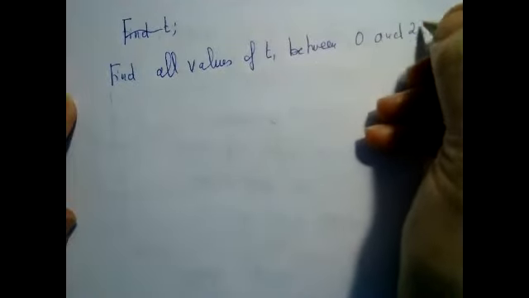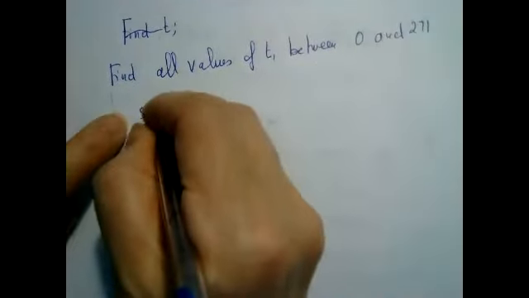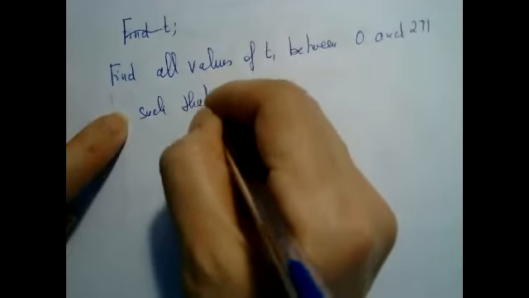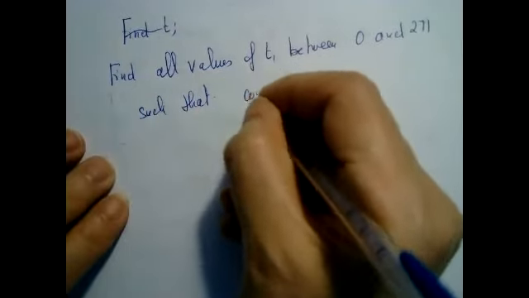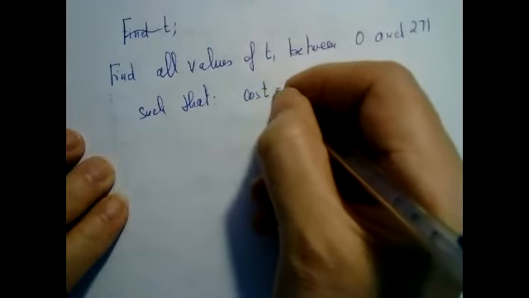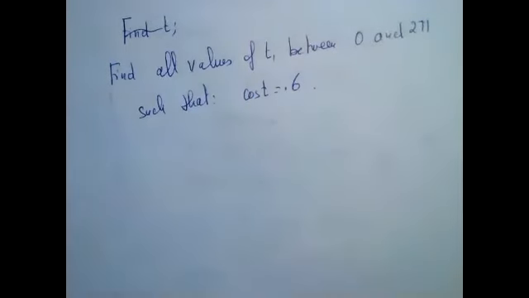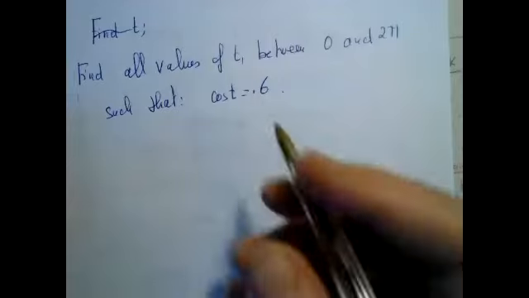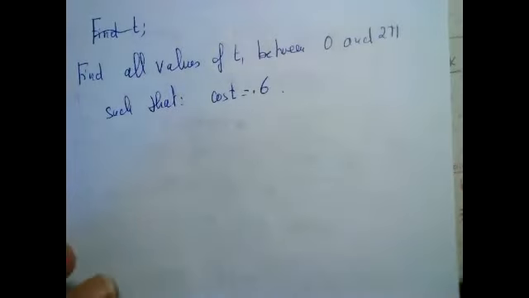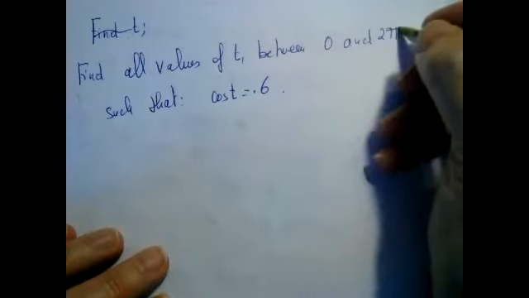So I'm going now to switch to radians. Such that cosine t equals 0.6. Okay, so the question is, I want to find all angles between 0 and 2 pi whose cosine is 0.6.